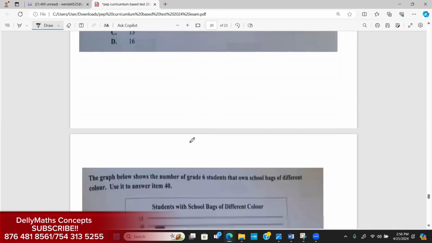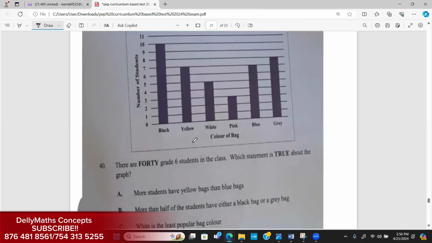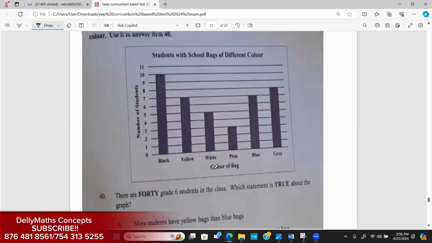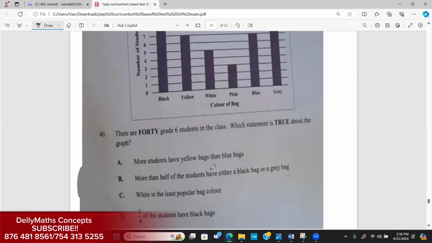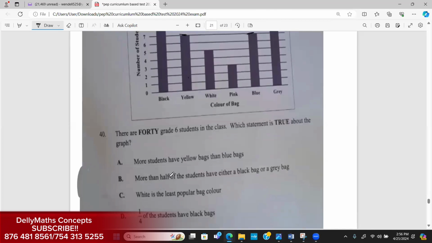All right, last question. We're going to use the graph to answer this. It says there are 40 grade 6 students in the class. Which statement is true? More students have yellow bags than blue. Let's compare yellow and blue. Yellow is 7, blue is 7. That statement is wrong.